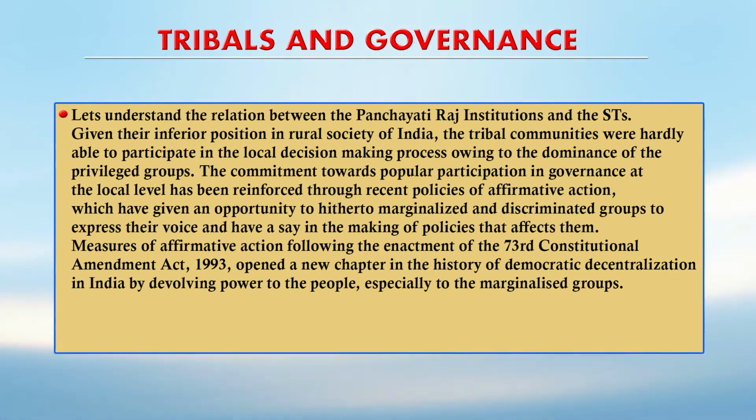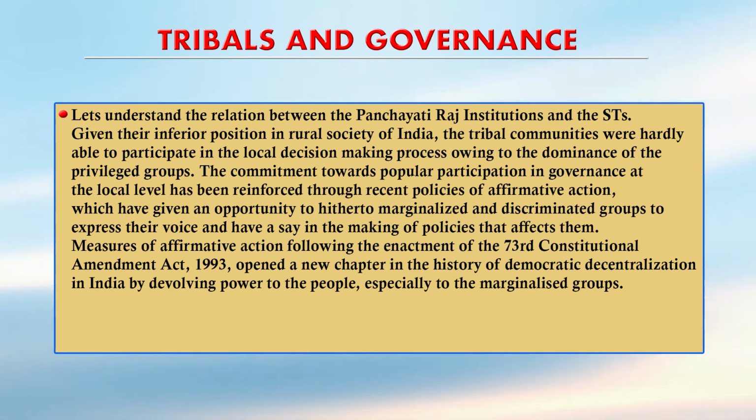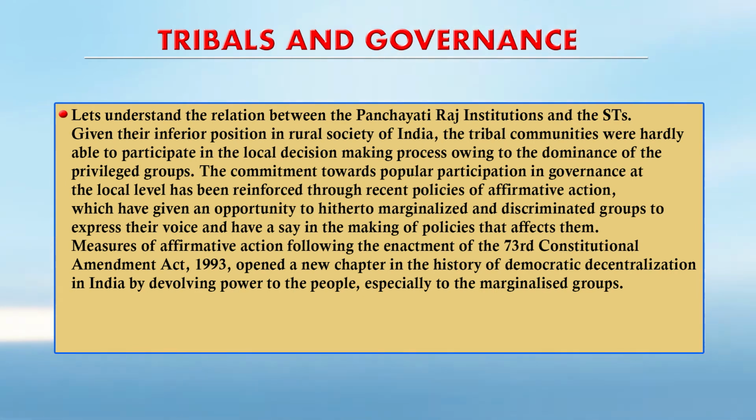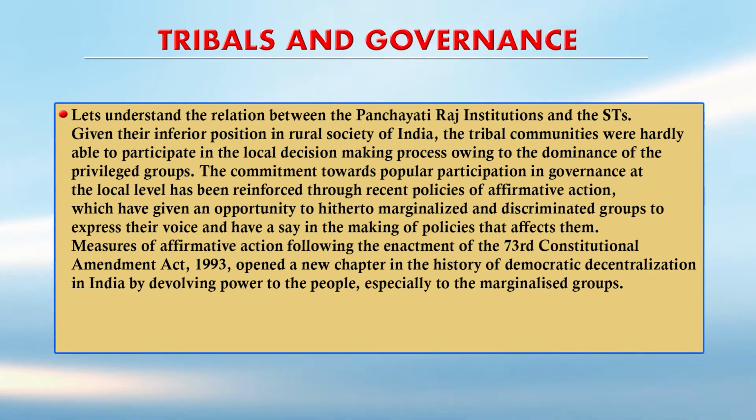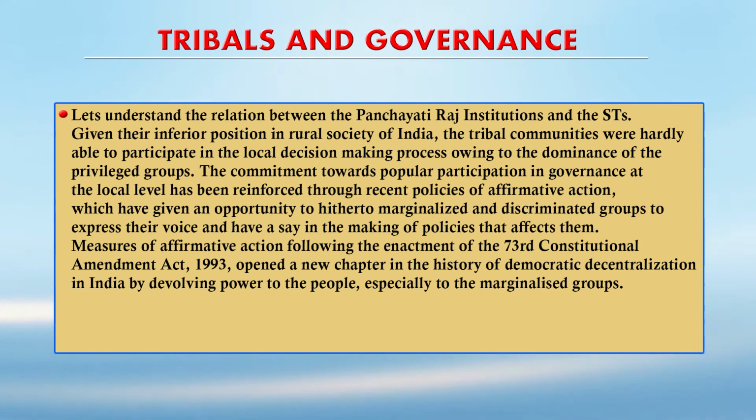Measures of affirmative action following the enactment of the 73rd Constitutional Amendment Act 1993 opened a new chapter in the history of democratic decentralization in India by devolving power to the people, especially to the marginalized groups.